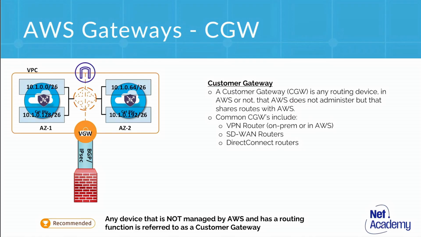Customer gateways are probably much more common than VGWs, because VGWs have a single purpose, and that is IPsec, whereas customer gateways are any routing object not administered by AWS, however sharing a routing process with AWS.